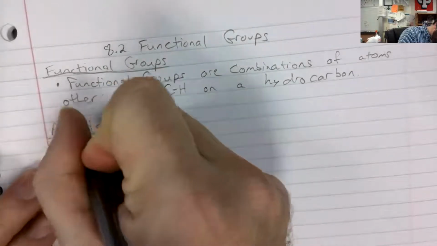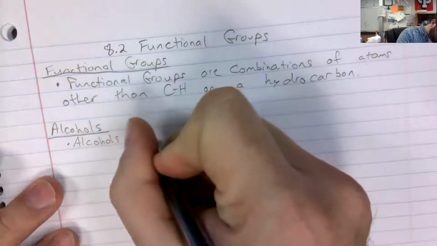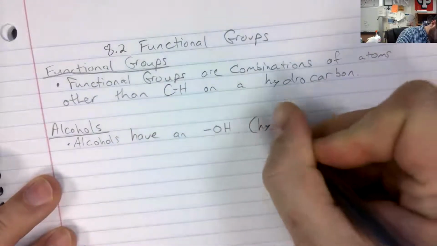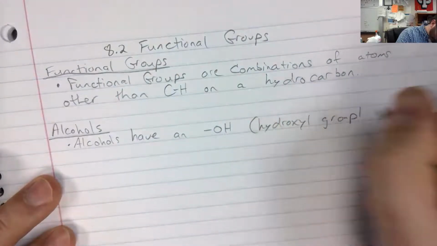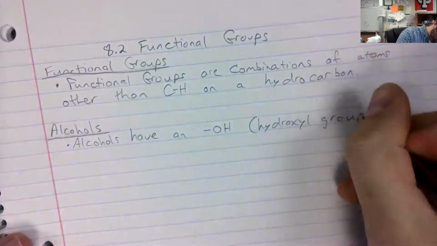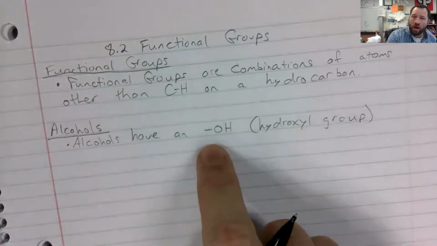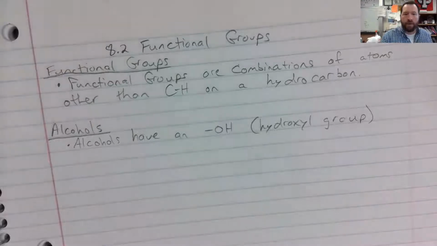So let's take a look at what these are. So alcohols have what we call a hydroxyl group, which is the OH somewhere on that chain.